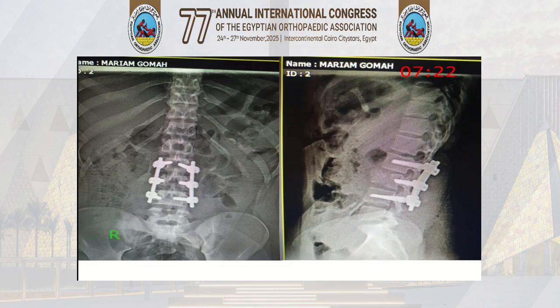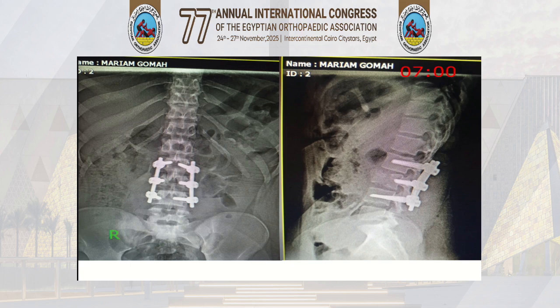So, back to my case, this is the way I did it. Short intermediate fixation, one above, one below, and one inside, a short screw inside the fracture site. I will put longer screws on the right side. What do you mean by longer screws?